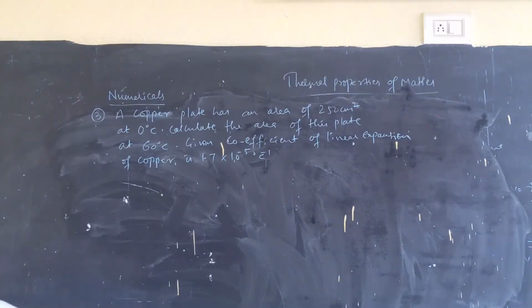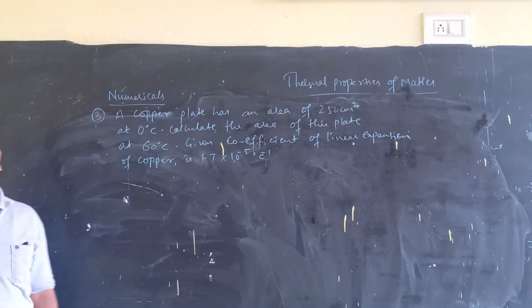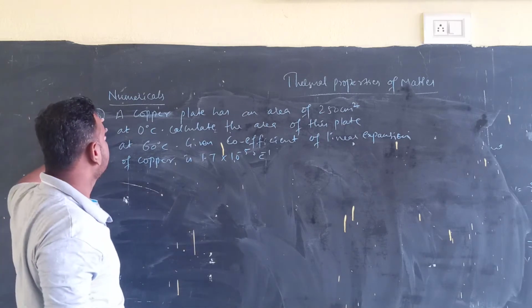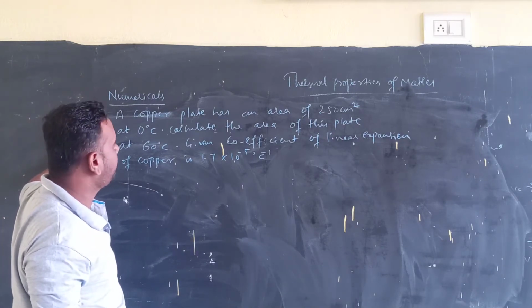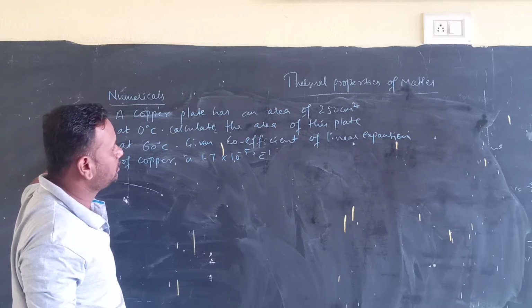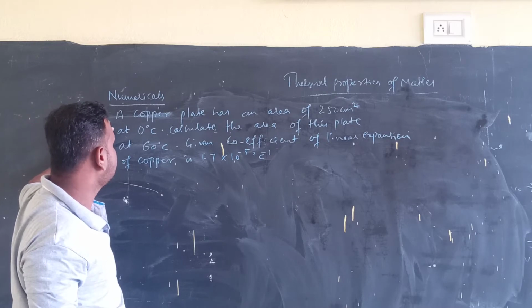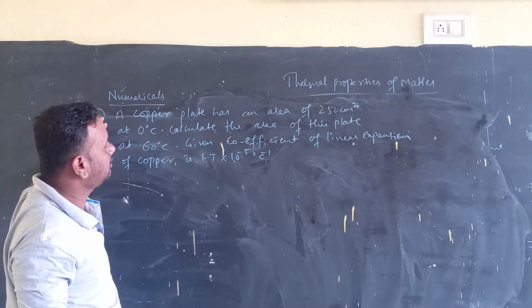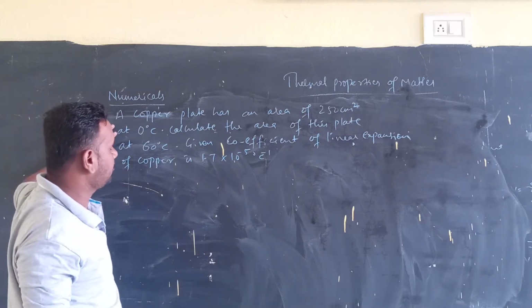Now next we move on towards the third question. That is numerical. A copper plate has an area of 250 centimeter square at 0 degrees Celsius. Calculate the area of this plate at 60 degrees Celsius.